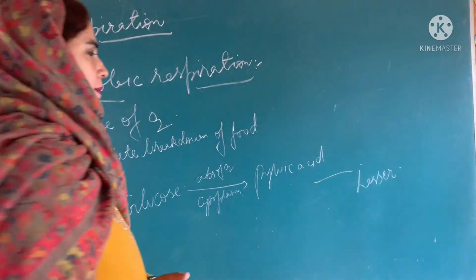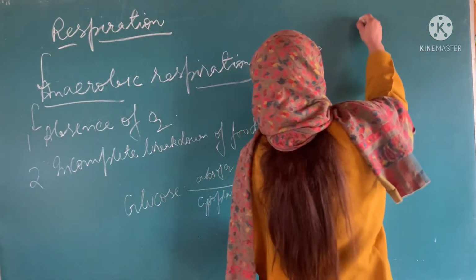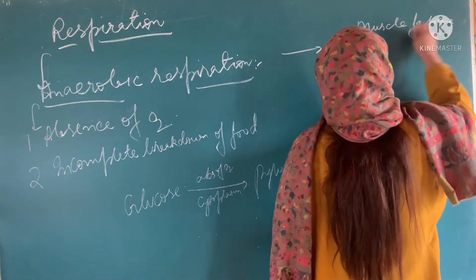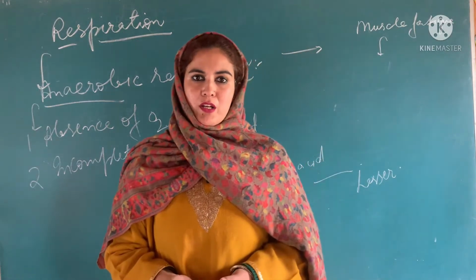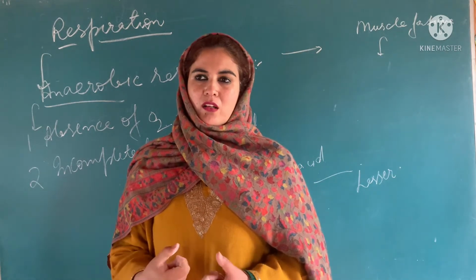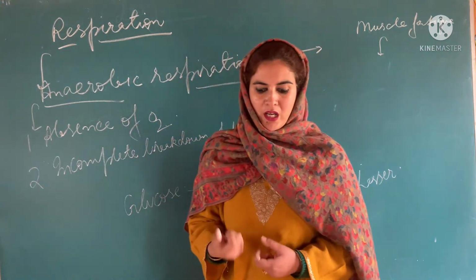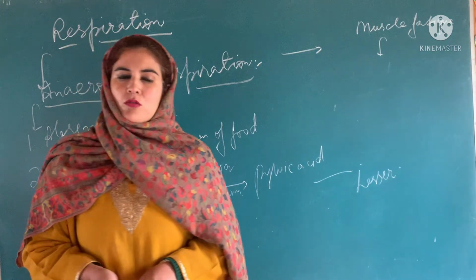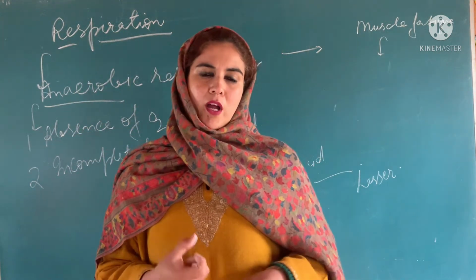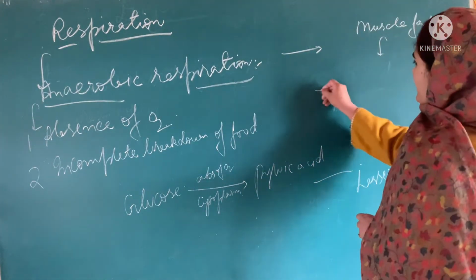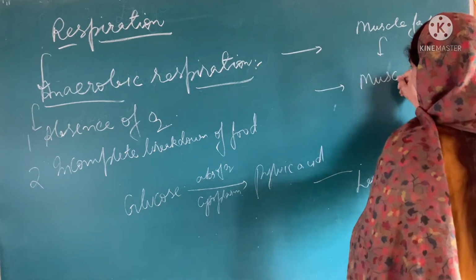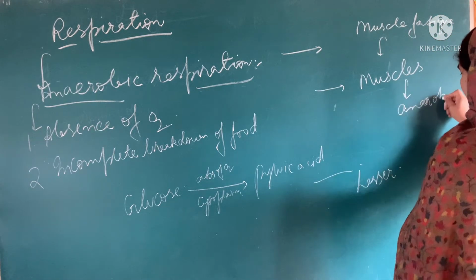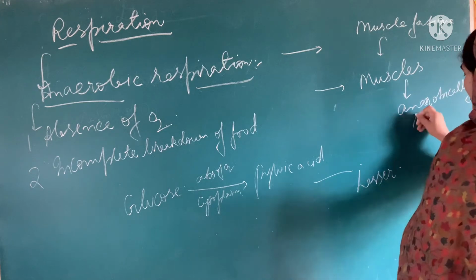In anaerobic respiration, I can give you an example of muscle fatigue. Sometimes our muscles respire anaerobically. For example, when you are running very fast or brisk walking, more oxygen is quickly required by the body. At that time our muscles respire anaerobically.